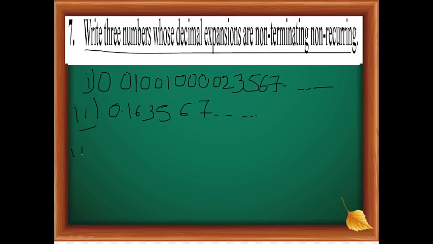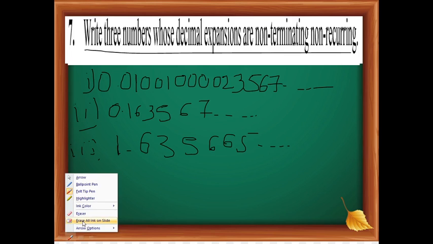We can take a third one, 1.6356665, and so on. You can write any examples.